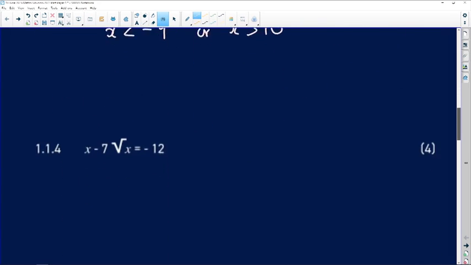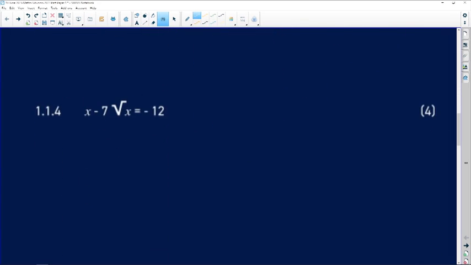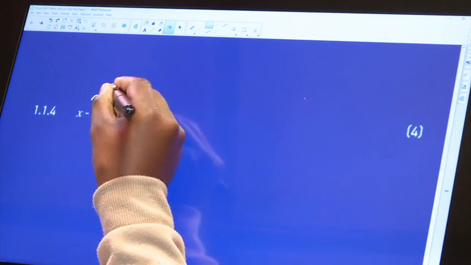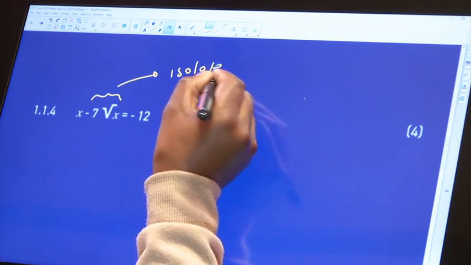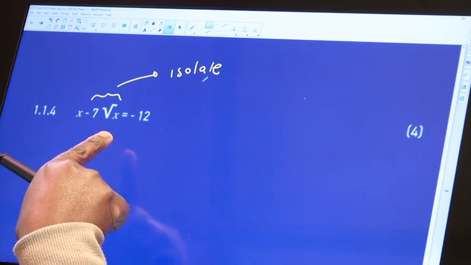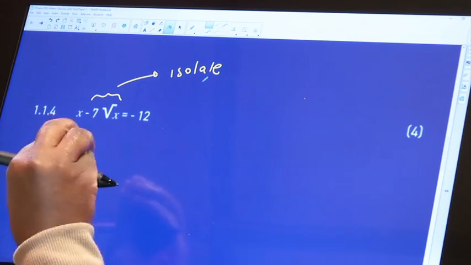Right. Moving right along, our next question, 1.1.4, is one that involves surds. So every time when you've got this kind of a question, what you need to do is always isolate the surd, okay? So I'm going to try and isolate this. That's actually the way you approach this question. If you are dealing with exponential equations, you need to make sure that your surd is left on its own on its side, okay?